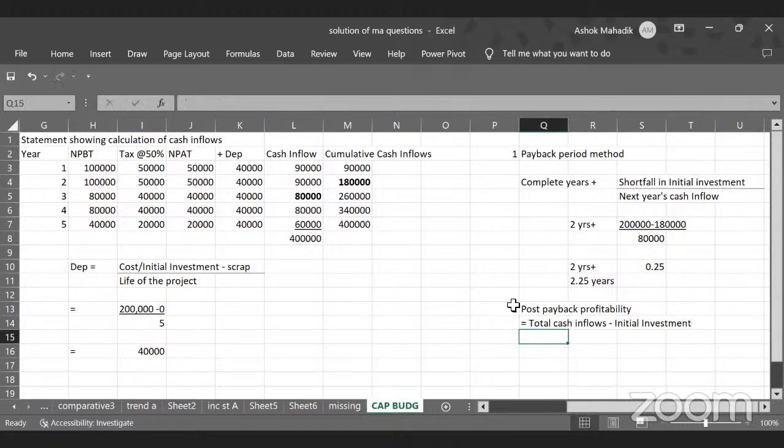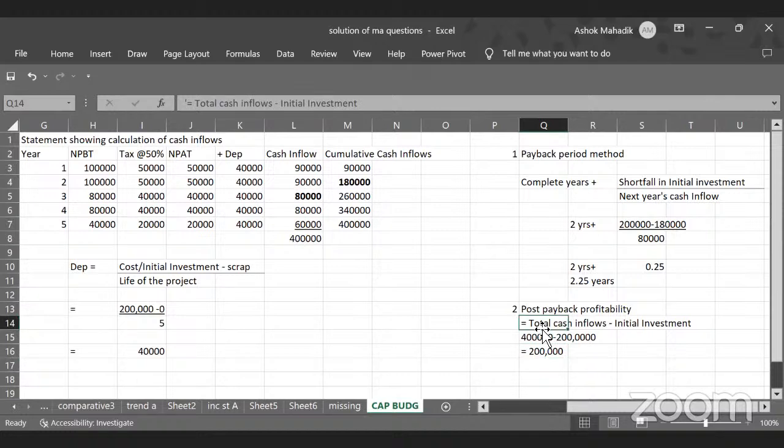So the total cash inflow we have is 4 lakh rupees, minus initial investment of 2 lakhs. So our answer is 2 lakhs. Clear? This tells us what the surplus is after recovering your cost.